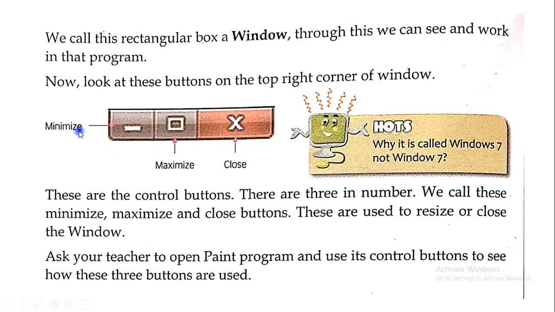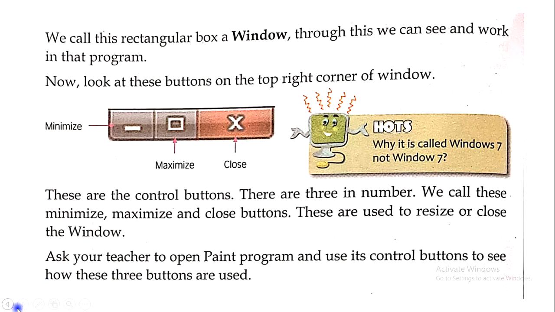These buttons are specially called control buttons. By using these buttons we can control the size of our window. Yes, you heard right, our window screen. How to do it, we are going to learn in today's class, so please pay attention.